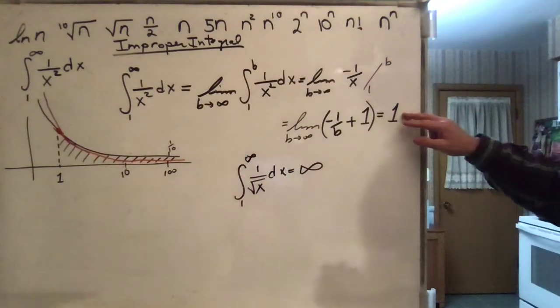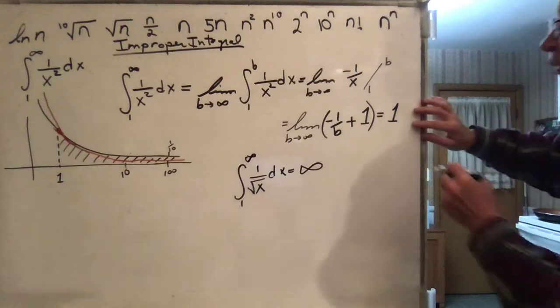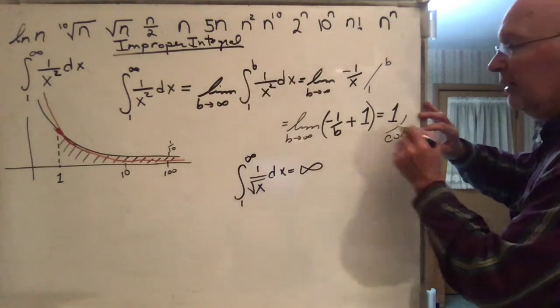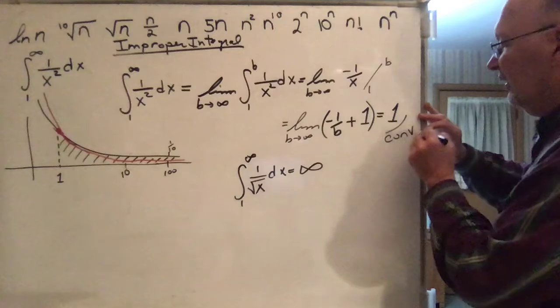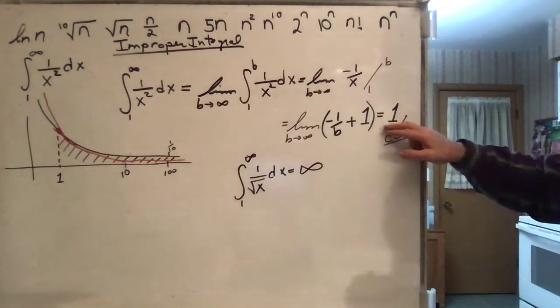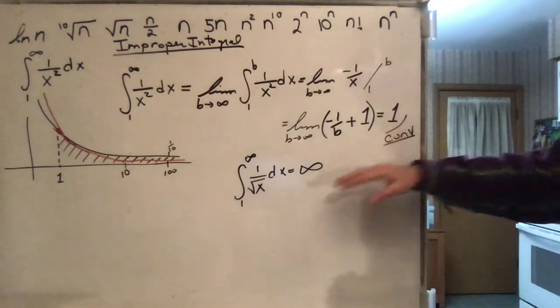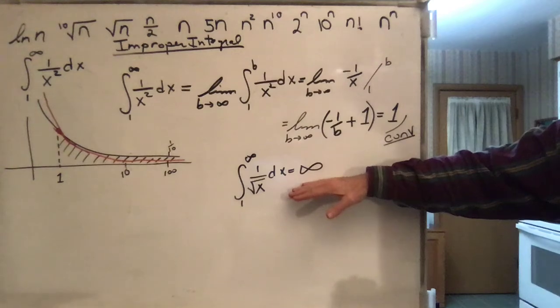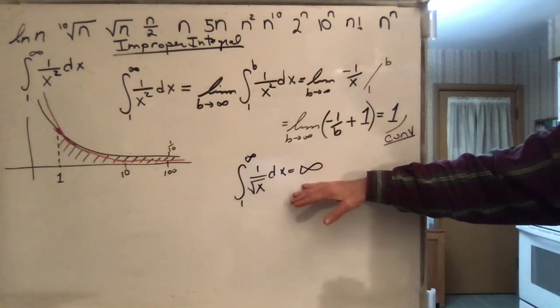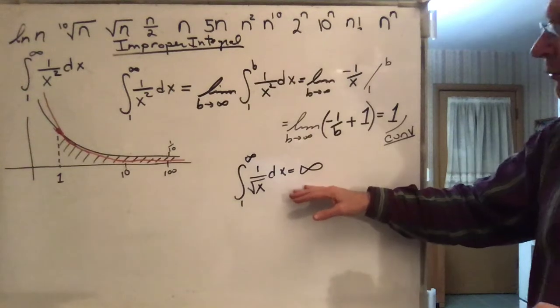We use the word converges to 1 because we're talking about limits, so it makes sense to talk about things converging. This converges to 1, whereas this thing, you could say it diverges to infinity, or it just goes off to infinity. What's the reason? Why the difference in behavior?